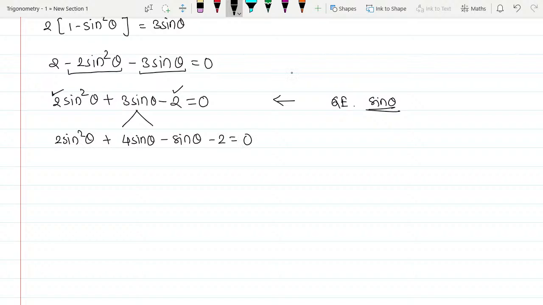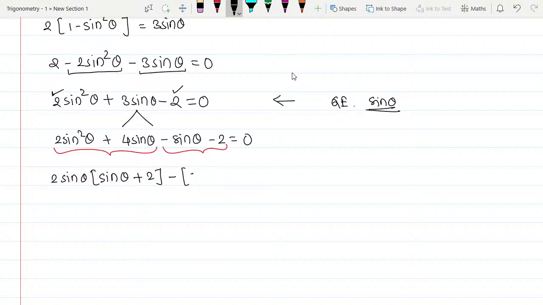Now take 2 sin theta common from the first two terms, and minus from the other two. So I take 2 sin theta common from the first part, and what remains inside is sin theta plus 2. If I take minus common from the rest, it becomes sin theta plus 2, equals 0.